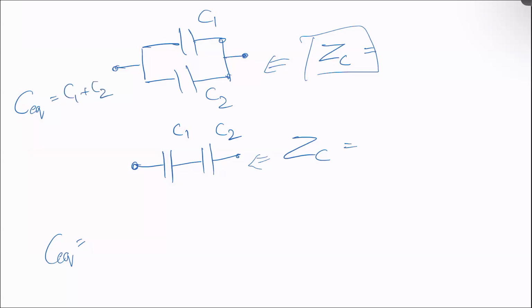That is correct. So the bottom one is just 1 over C1 plus 1 over C2. So what is your ZC for each of these? Would you just plug the equivalent into the C value for the equation? Yeah.